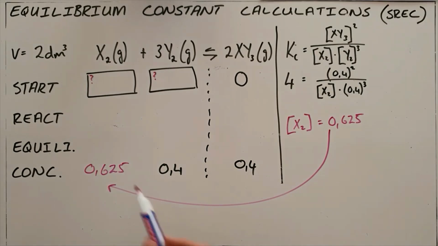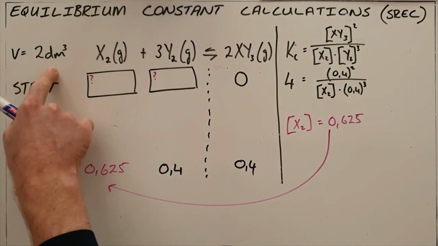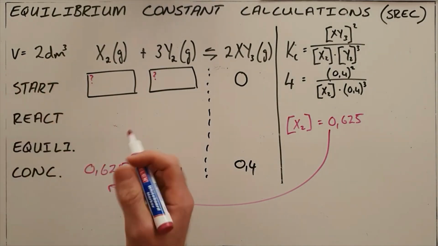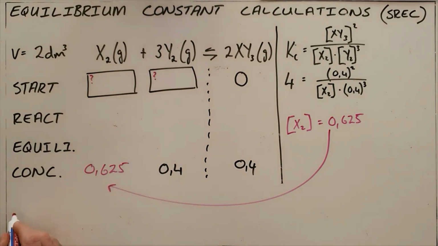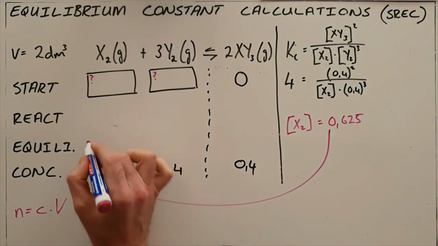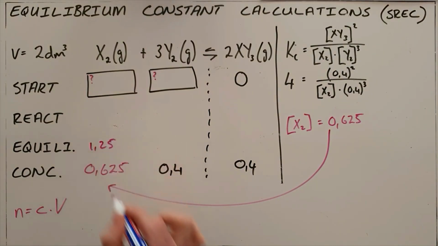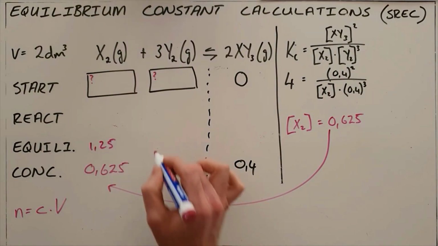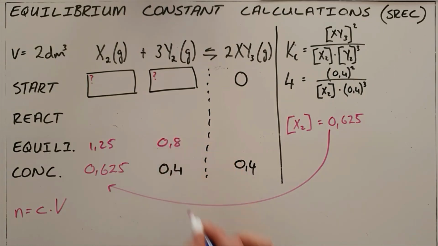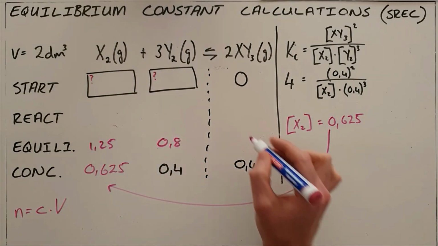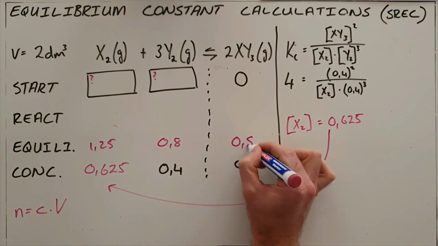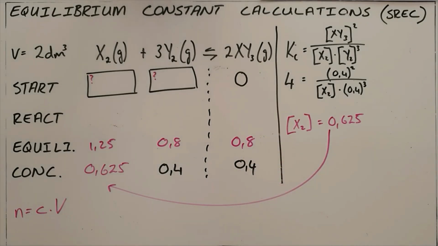The question has stated that we have a volume of 2 cubic decimeters, and that means that we can use this formula, number of moles is equal to concentration times volume. So we multiply each concentration by 2 to find the equilibrium number of moles, which means that we have 1.25 moles of X2 at equilibrium, 0.8 moles of Y2 at equilibrium, and 0.8 moles of XY3 at equilibrium.